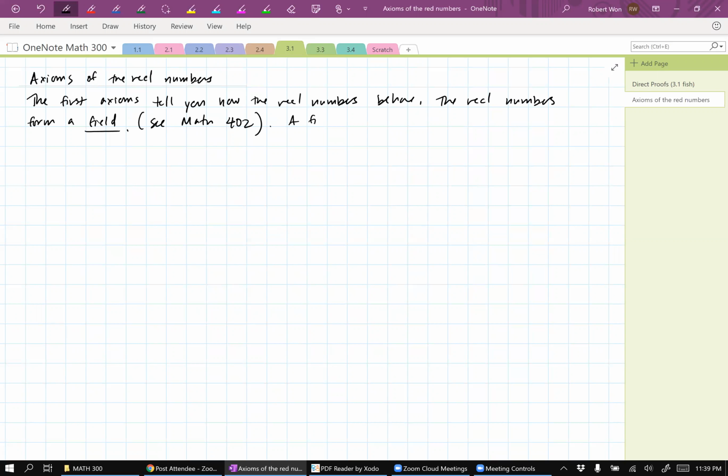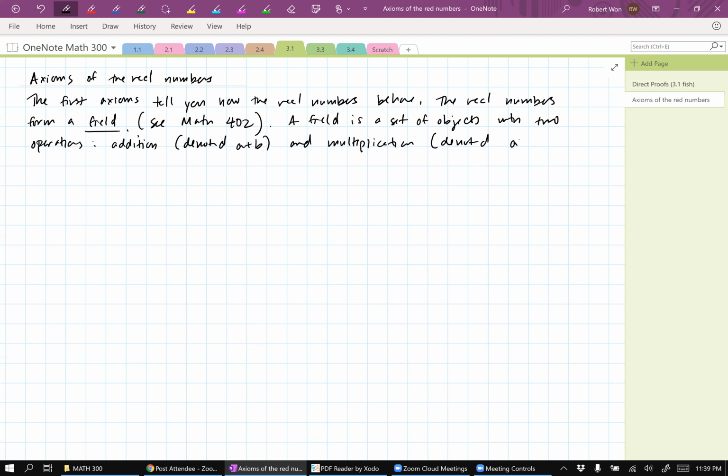So for now, a field is a set of objects with two operations: addition, which we denote by a plus sign, and multiplication, which we denote either a, b concatenation or a dot b. By the way, to get this in LaTeX, this is \cdot for center dot. Satisfying the following properties.